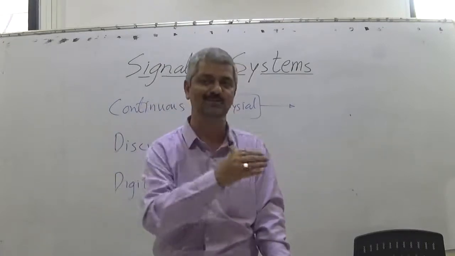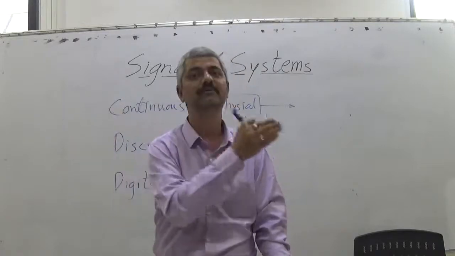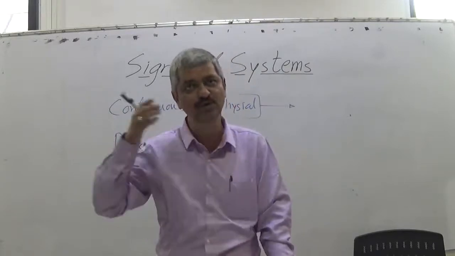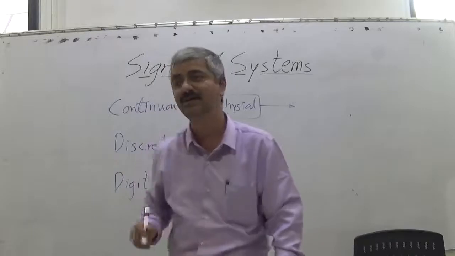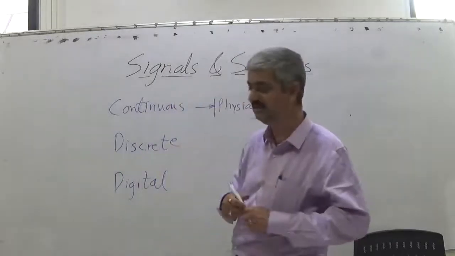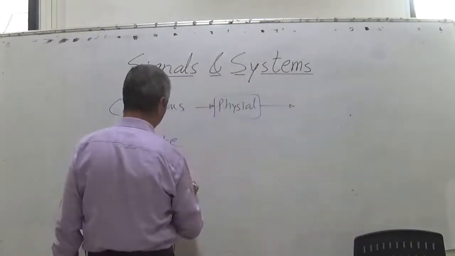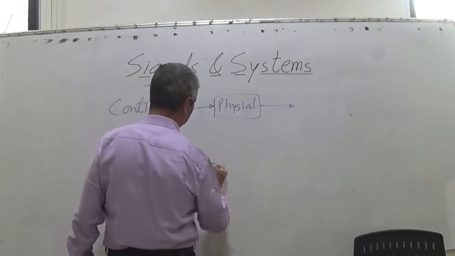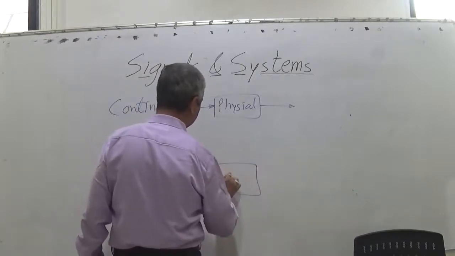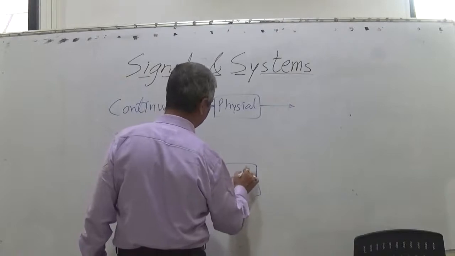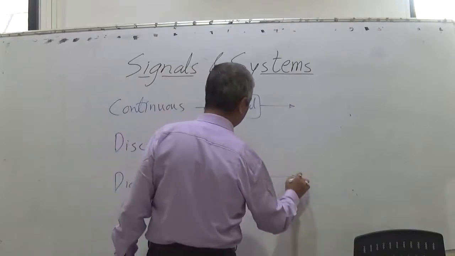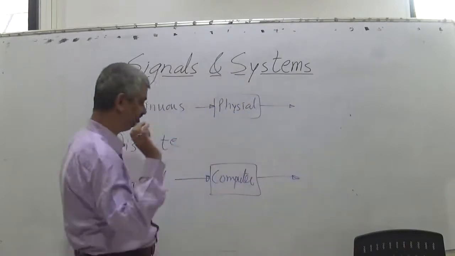Voltage input, current output. Pressure input, voltage output. Voltage input, pressure output. So these are physical systems. Discrete systems we right now don't discuss. A digital system is a computer. A computer means simply a program, and it produces digital output.